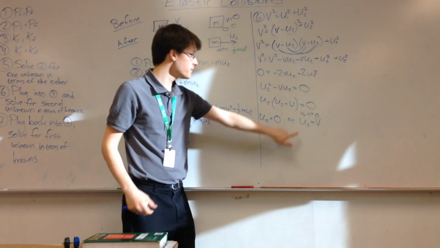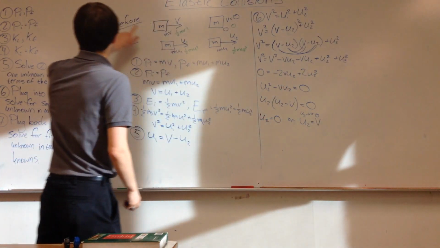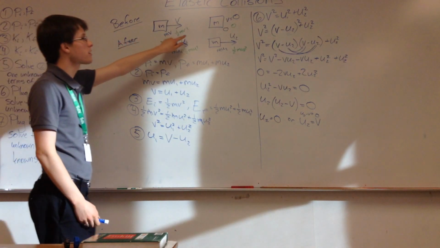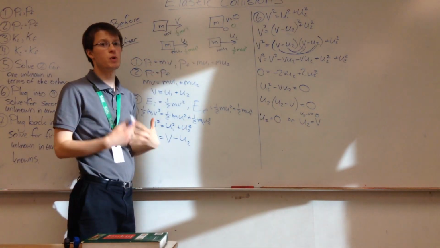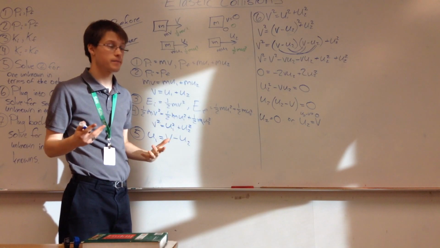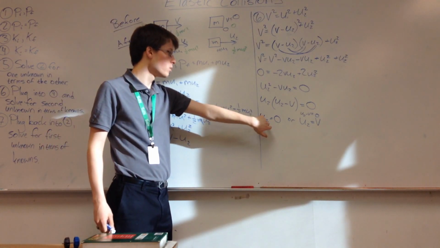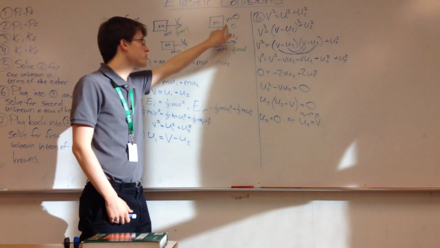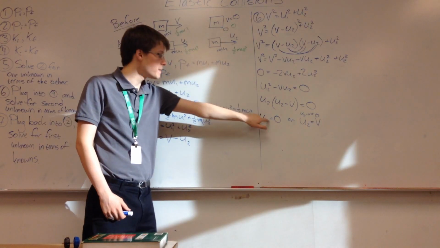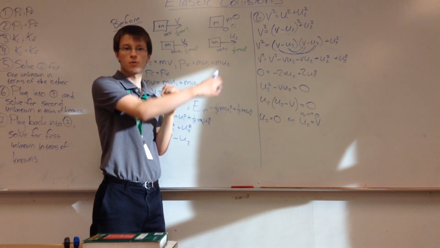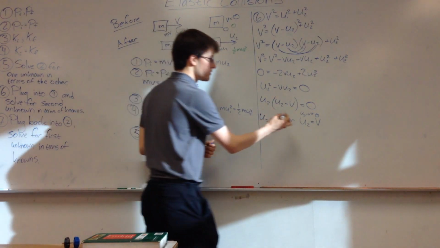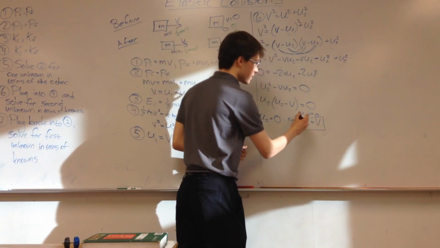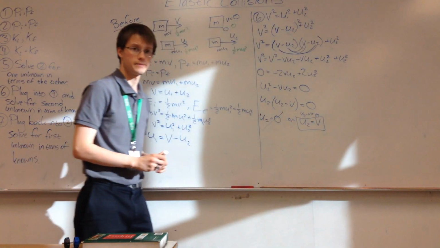So what you need to do is take these two solutions, compare them to what you started with, and see which one is not the same. So we found object 2 is either 0 or v. Well, object 2 started at 0. So if its speed ends at 0, that means the first object just rolled by it and never hit it. So this is the correct solution, and this is the one we don't want.